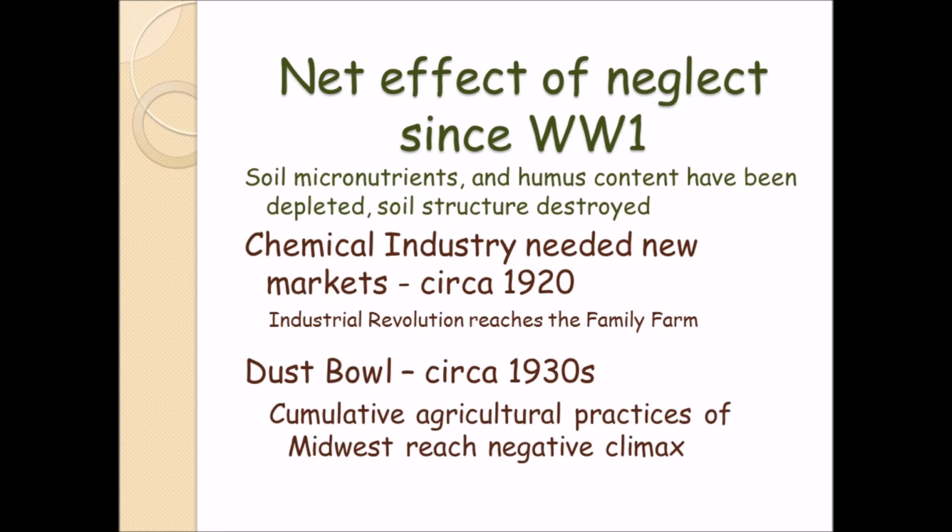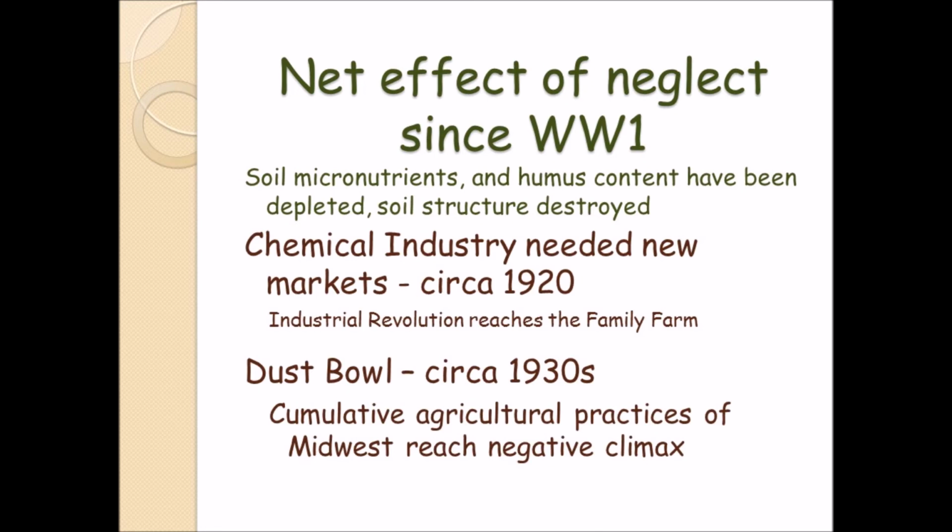All righty. So back in World War I, we had these nice humus-rich soils. We'll get into humus a little more later. But after the war, we had done a really great job creating our chemical industry to fight each other in the war with.